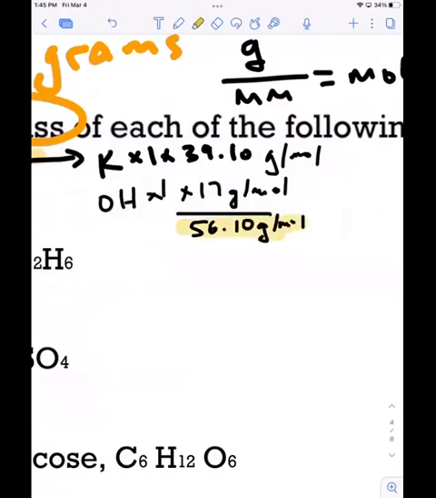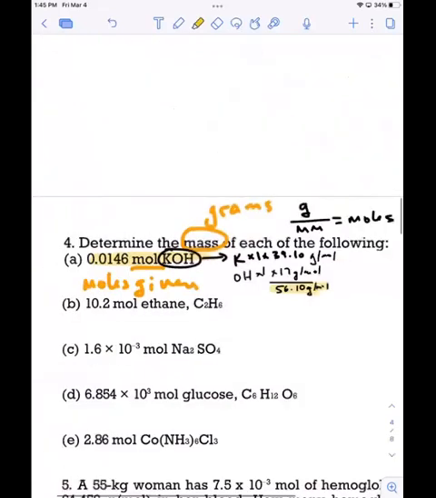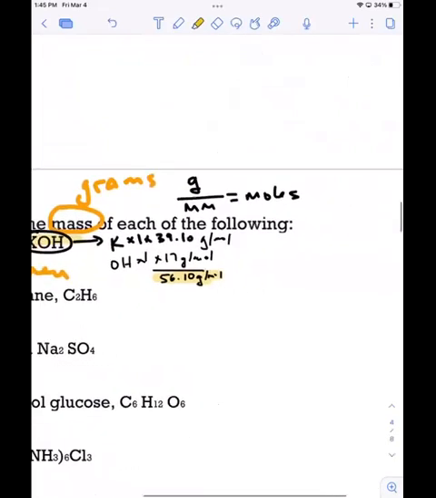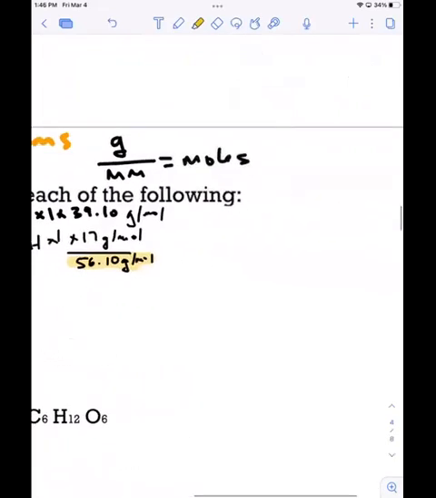Once we get this number, and we have moles, and we're looking for grams, we can just do what? Manipulate this relationship. So molar mass times moles equals grams. Right?